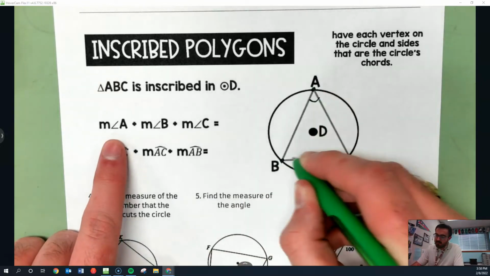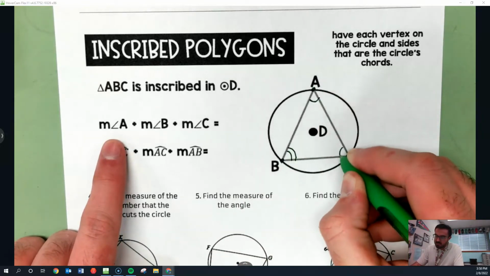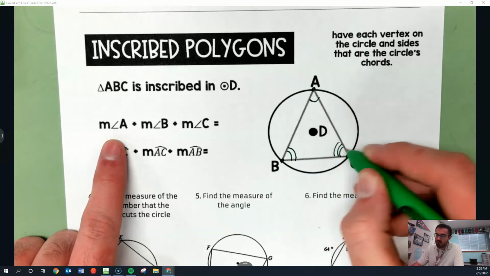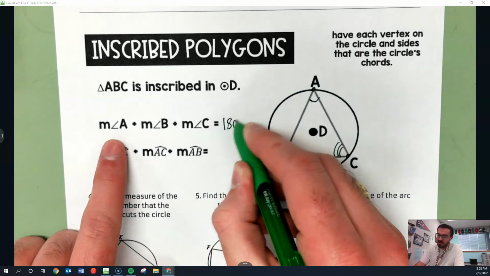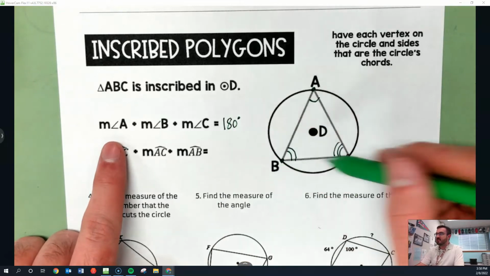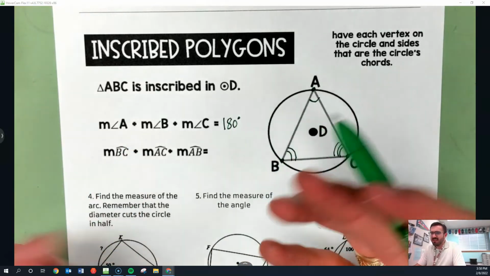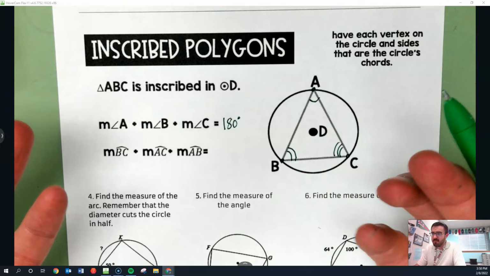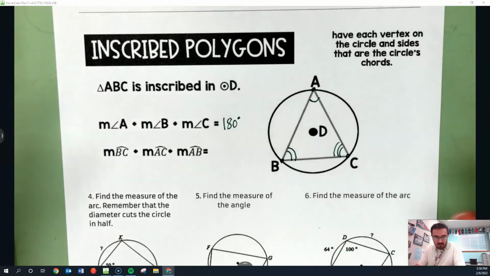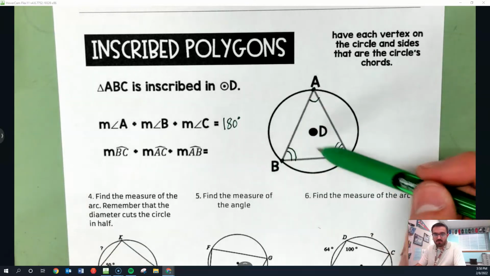This angle plus this angle plus this angle is going to equal 180 degrees. Well, duh, Mr. Colston, that's what all triangles equal. Of course, not a big deal. Just because it's in a circle doesn't mean that the same rule doesn't apply.